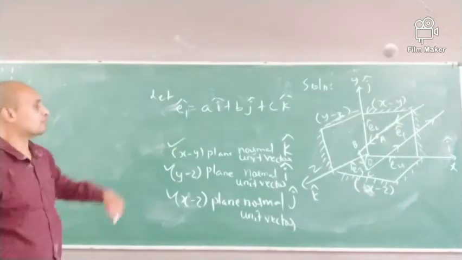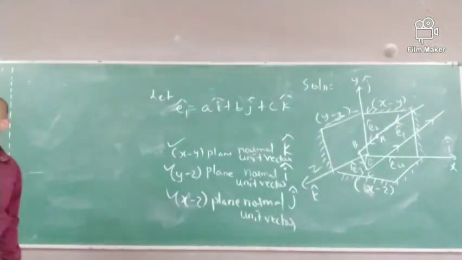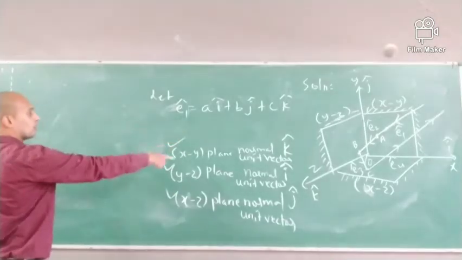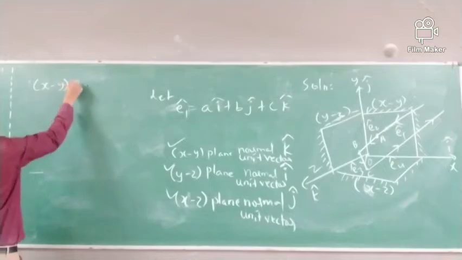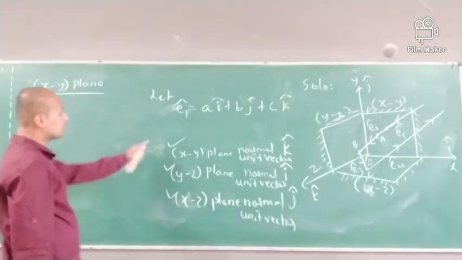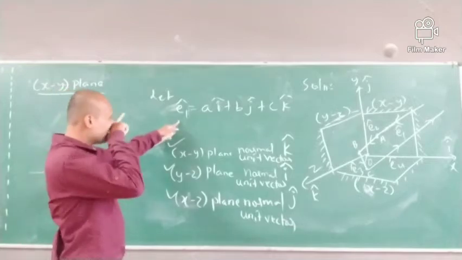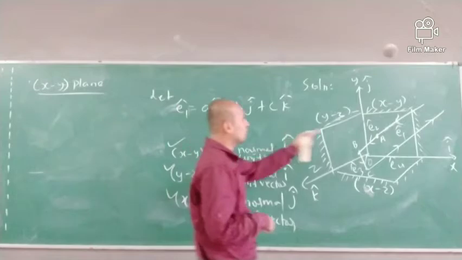After reflection along the XY plane, what is going to happen? Let us take E1 entering like this. First it is going to hit the XY plane.